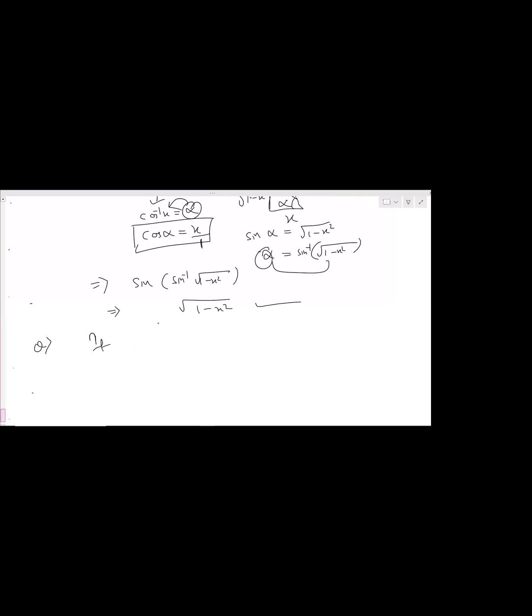The question says, if tan of cos inverse x equals sine of cot inverse half, then x is: root 5, minus root 5, root 5 by 3, minus root 5 by 3.